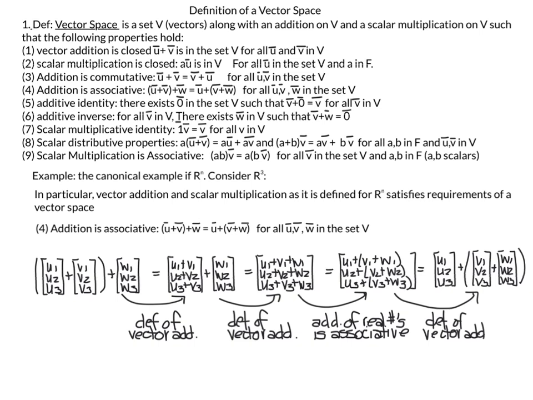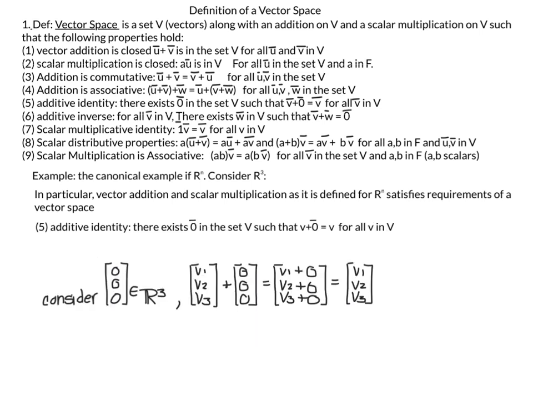Finally, using the definition of vector addition backwards, this here is one vector, our v plus w vector, and this here is our u vector. So we have shown that adding u plus v first and then adding w afterwards is the same thing as adding v plus w first and then adding u afterwards.